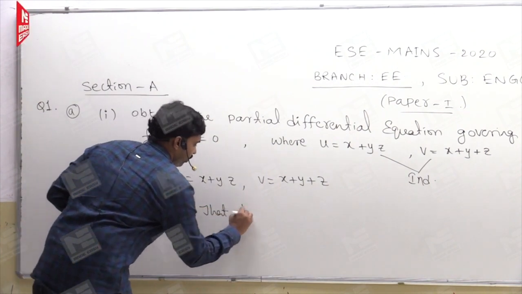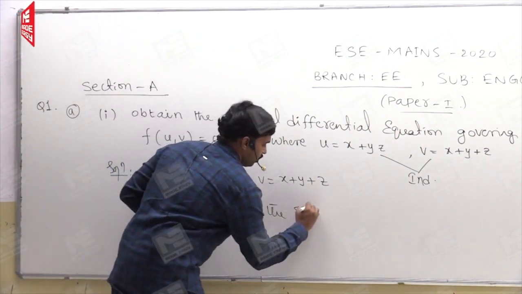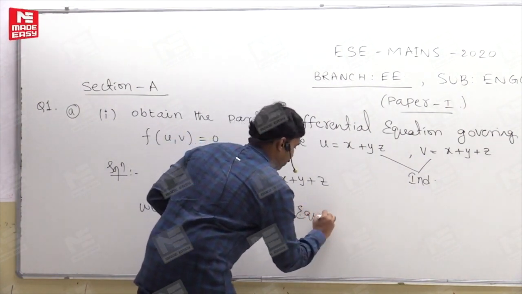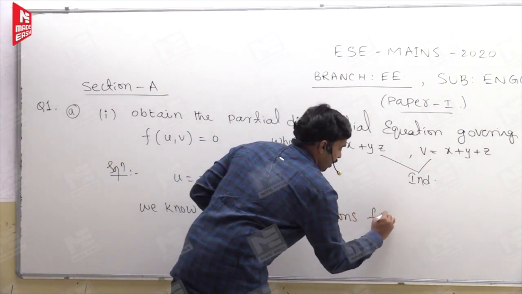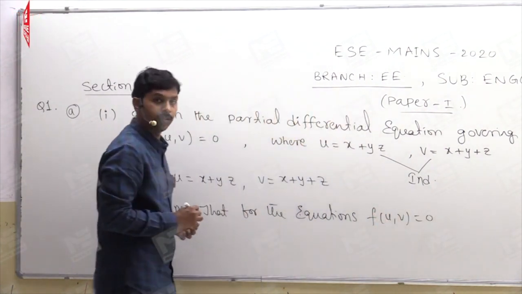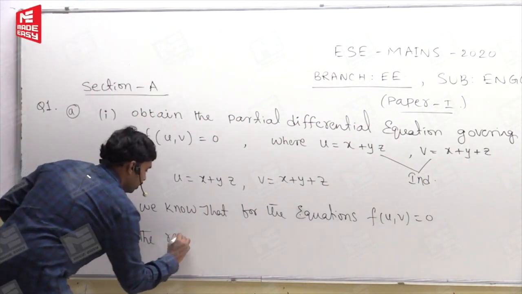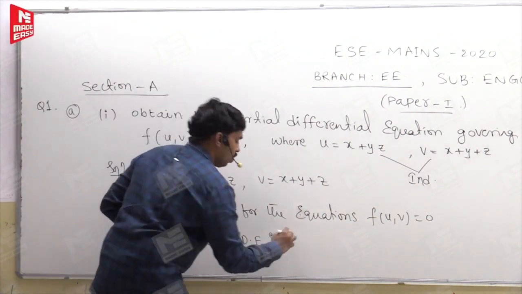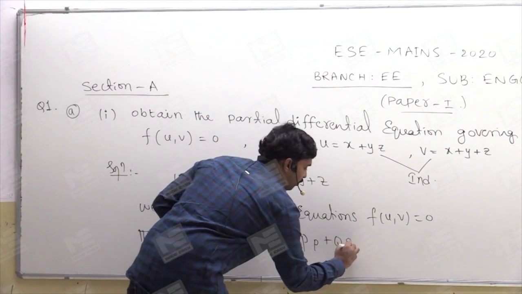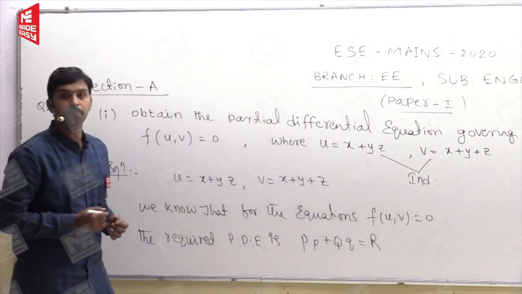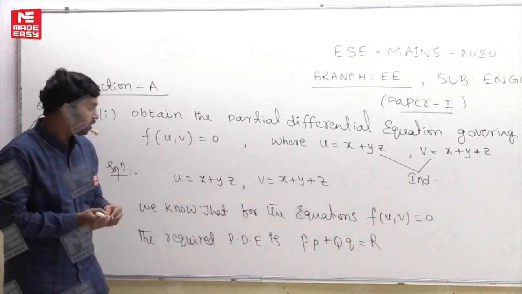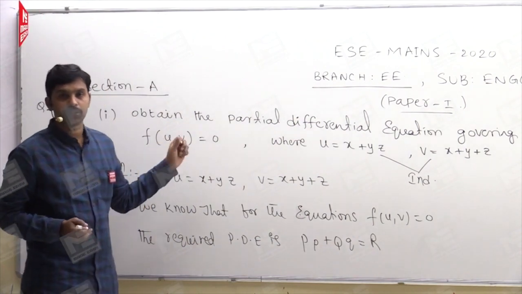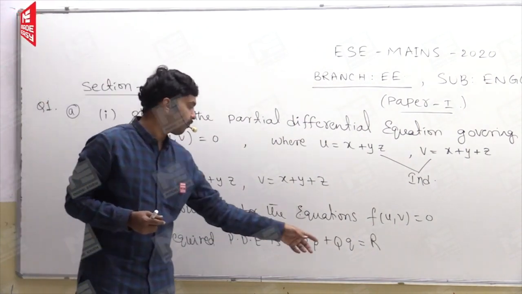We know that for the equation f(u, v) = 0, the required partial differential equation is Pp + Qq = R. This is what we have to find out from the given equations u and v. So how do we get this partial differential equation?